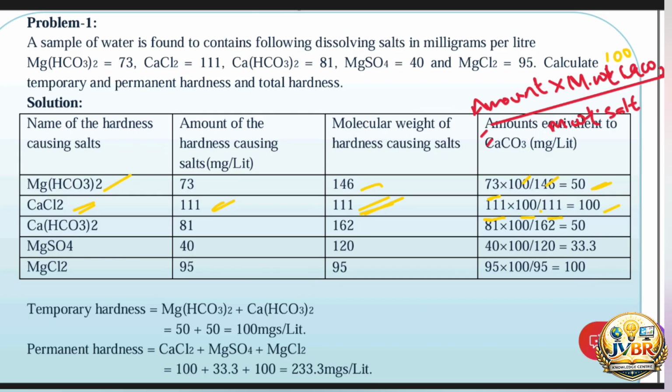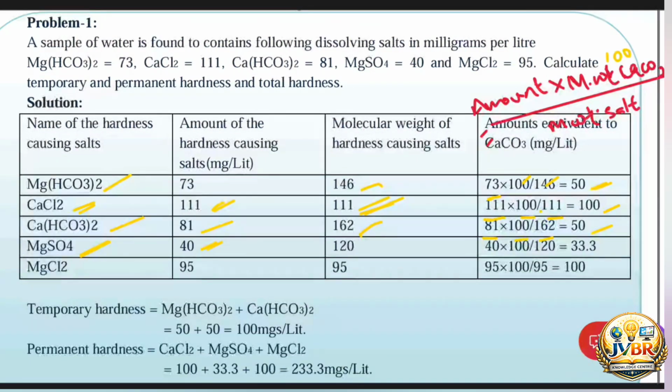Coming to the third salt, calcium bicarbonate. Here weight of the salt is 81 into 100, molecular weight of calcium carbonate, by molecular weight of calcium bicarbonate, which is 162. So we will get 50. Coming to the next salt, magnesium sulfate.